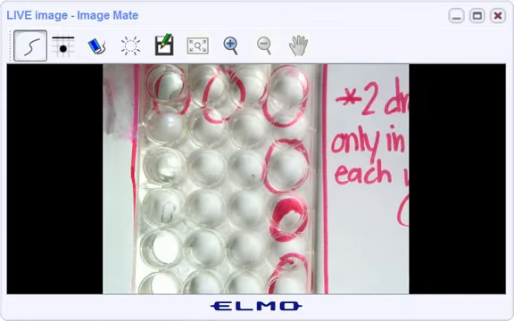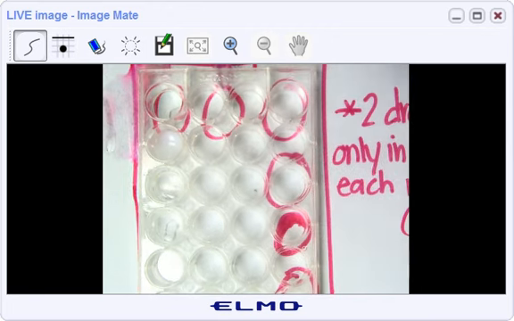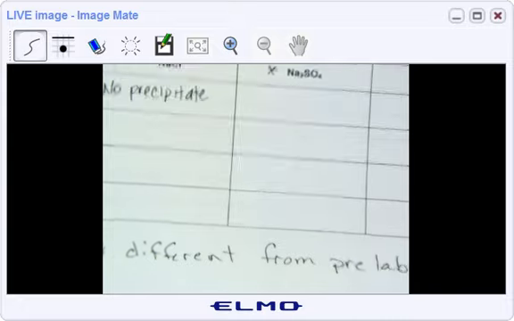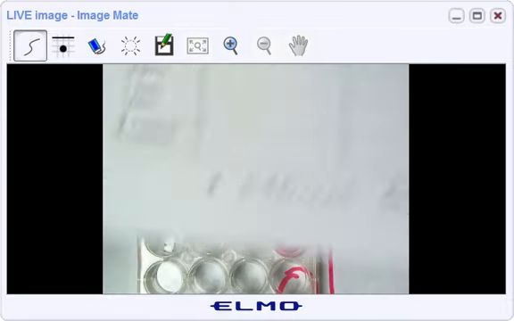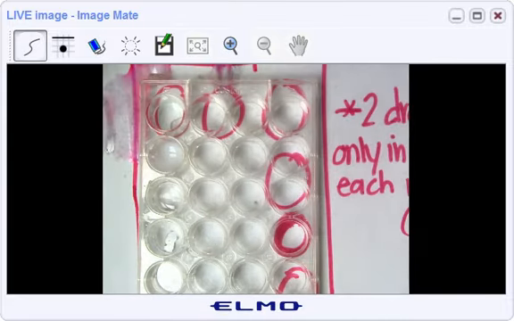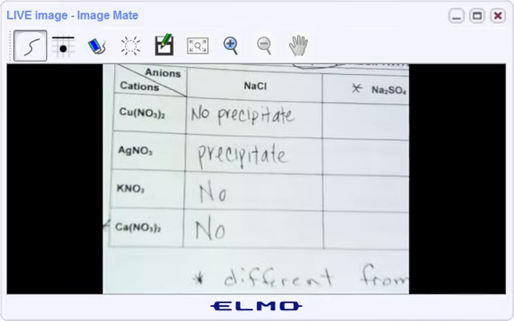Again, that's the second one down. So it's going to be AgNO3 is where I would write precipitate. The rest, there is nothing. This is what I observed in row 1.